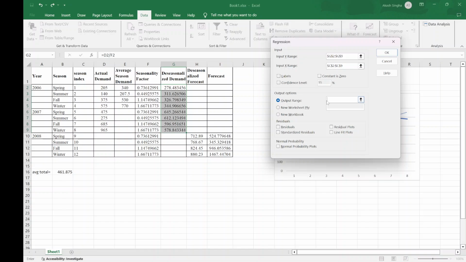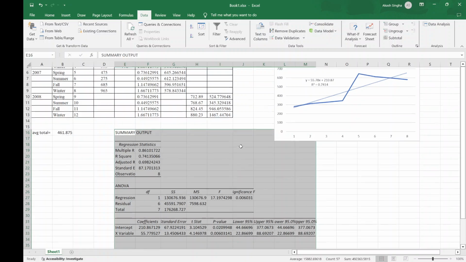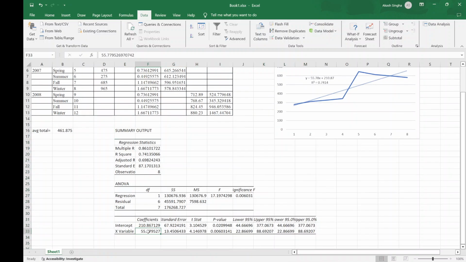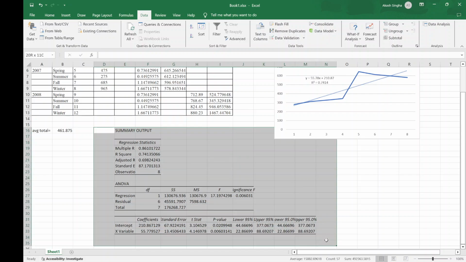Sorry about that. In the regression output, beta 1 is 55.78, so 55.78x plus a, which is 210.86. So you can do this also.